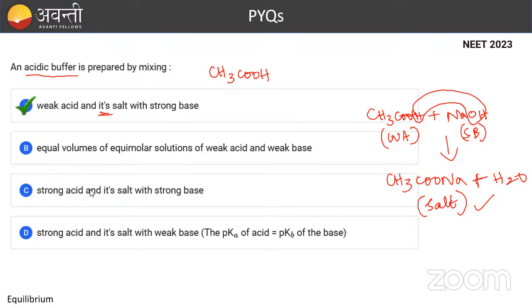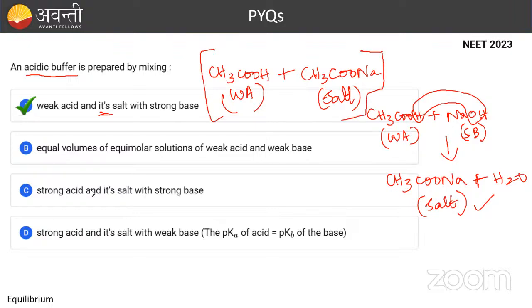CH3COONa is the weak acid salt with a strong base and CH3COOH is the weak acid. So this is the acidic buffer mixture, one of the examples of an acidic buffer mixture. Got it?